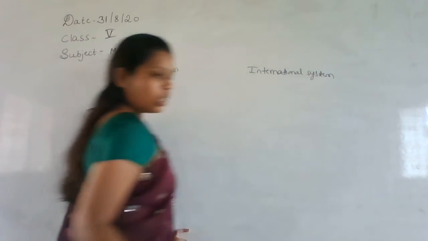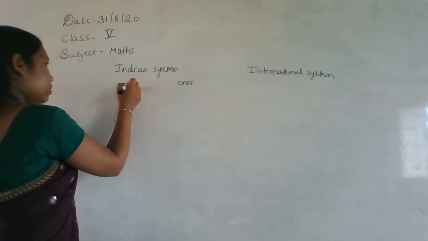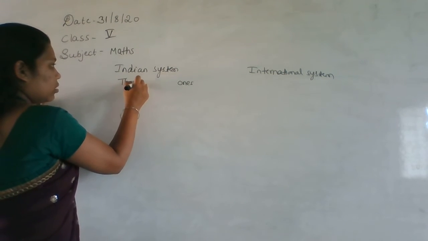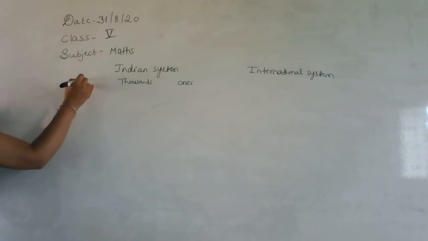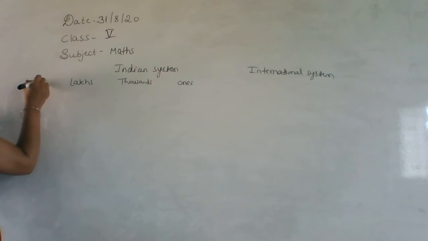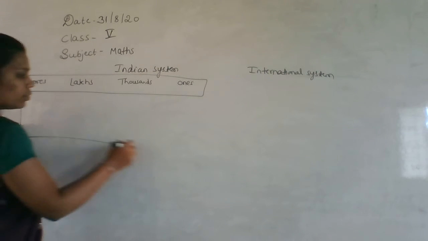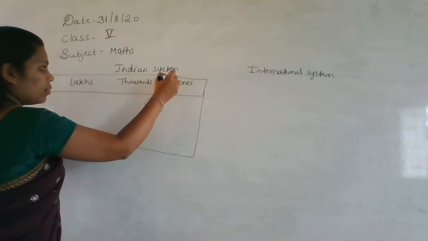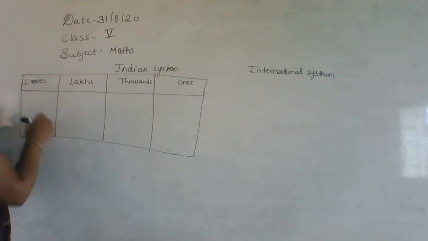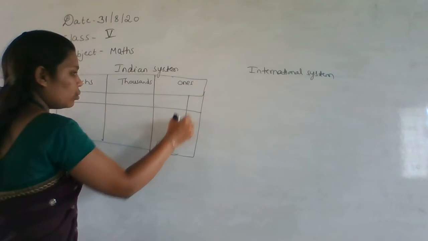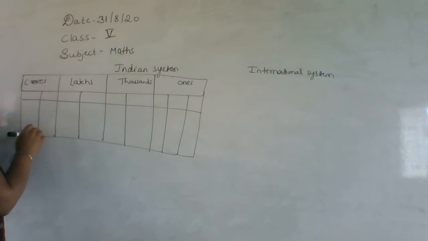In the Indian system, here ones is there, next thousands, and after that lakhs, and here crores. Okay. And again, here three more categories are there. Here two, and here also two, and here also two.